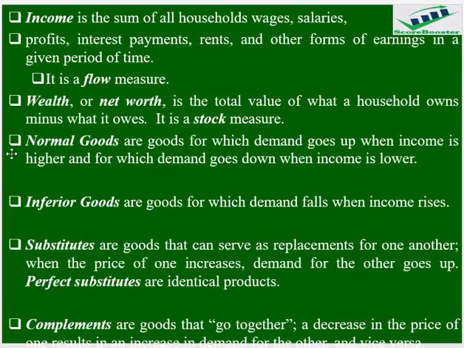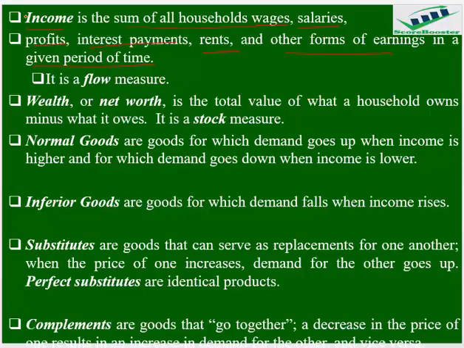Now, I want us to also look at some keywords before we move into the further analysis. Remember, we are talking about income. Income is the sum of household wages, salary, profit, interest, rent, and other forms of earning in a given period.